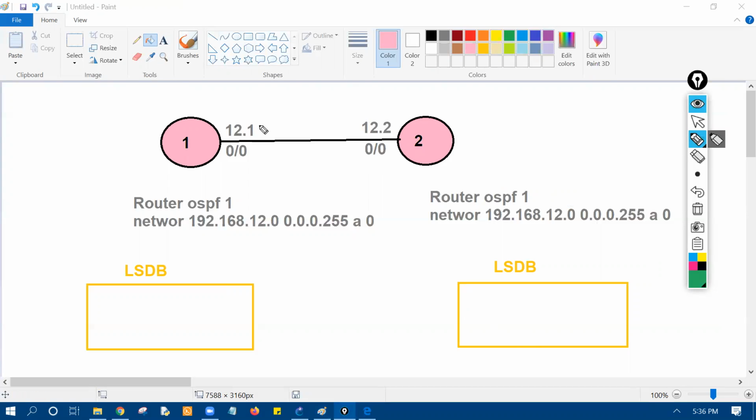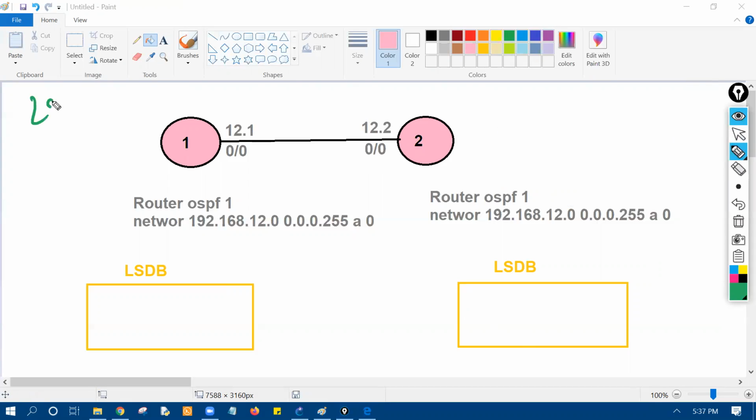Once both routers form the neighborship, R1 is going to share its own information about this interface, and that information is known as an LSA. LSA stands for link state advertisement.